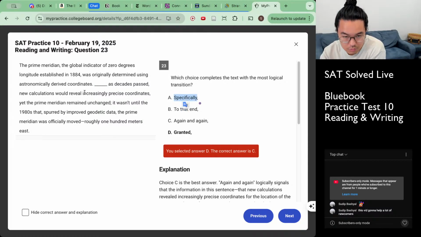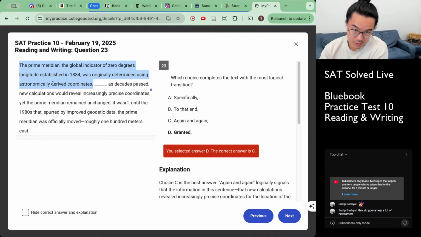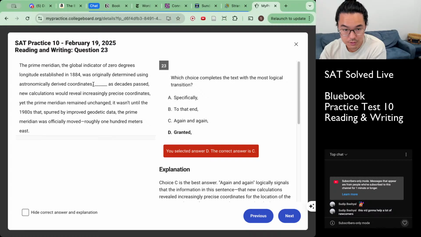"Specifically" doesn't make any sense because it doesn't connect. This is not a general for this. "To that end" doesn't make sense because this is not a purpose. And "again and again" is very unusual because here we're actually introducing a new problem.